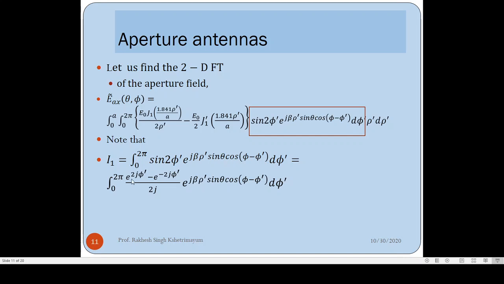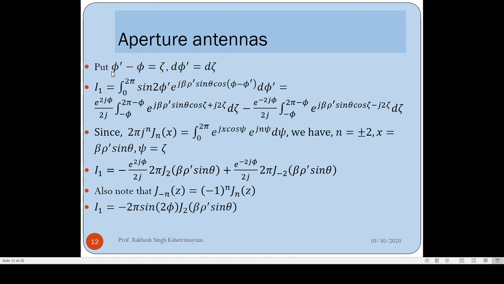This you express in exponential terms. Now you can easily do the integration by putting a new variable phi dash minus phi equal to zeta. So d phi dash will become d zeta. So I1 can be expressed now in the form minus phi to 2 pi minus phi.